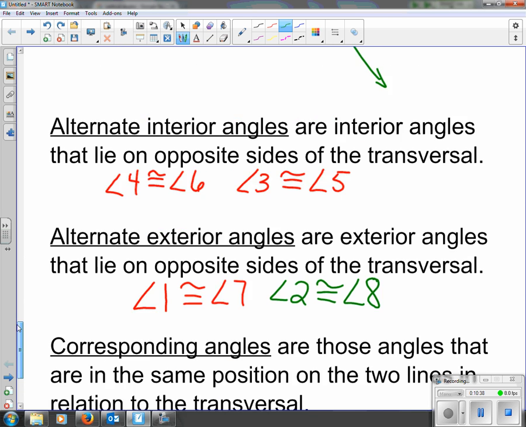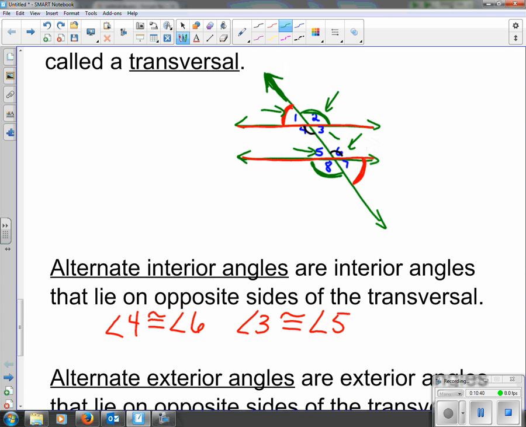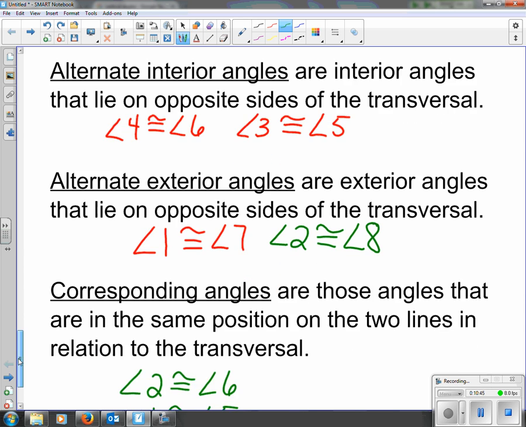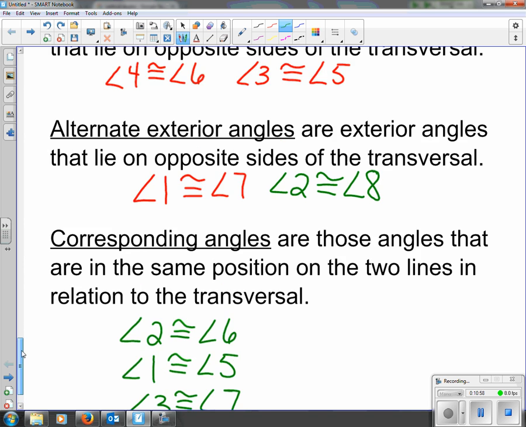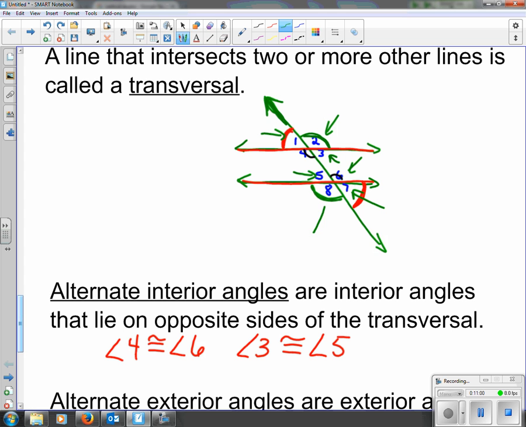Okay, and then angle 3 and angle 7. Angle 3 is corresponding with angle 7. And then we have one more, angle 4 and angle 8.